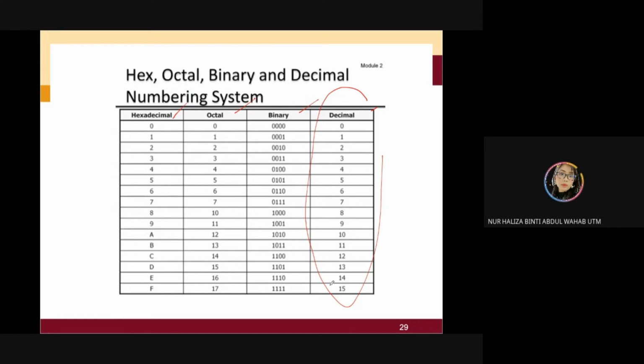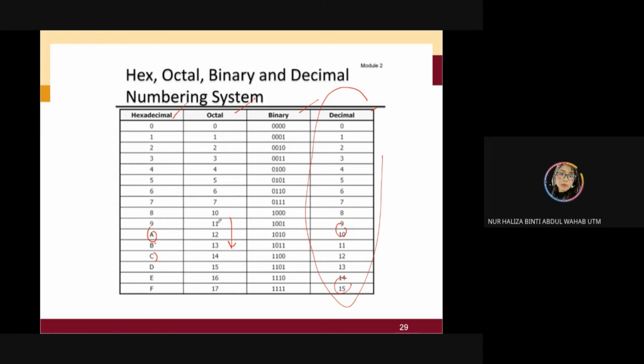This one is a very basic thing. Maybe you can directly remember A, B, C, D, E, F and what is the value in decimal. For octal, it will continue.